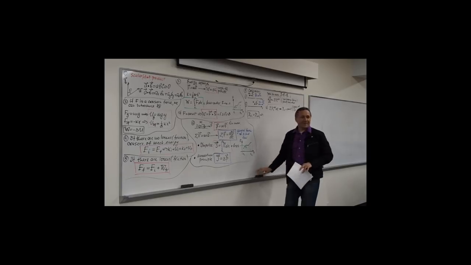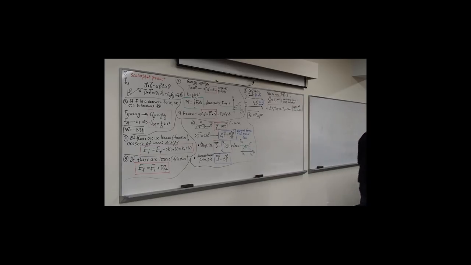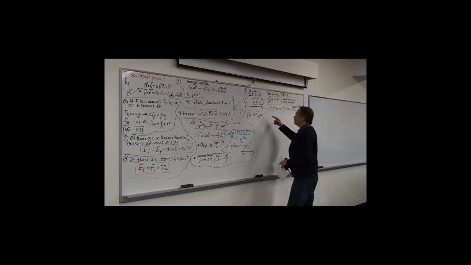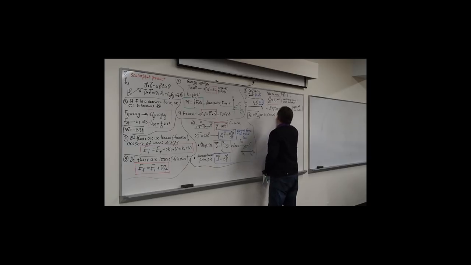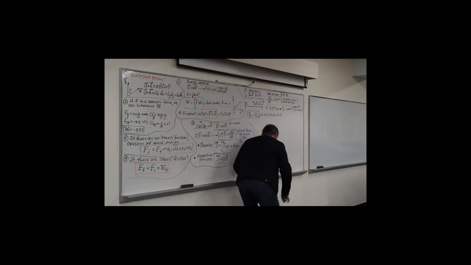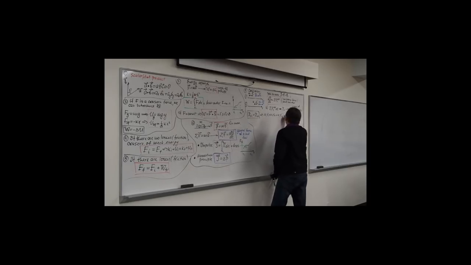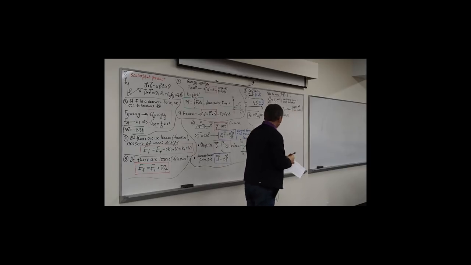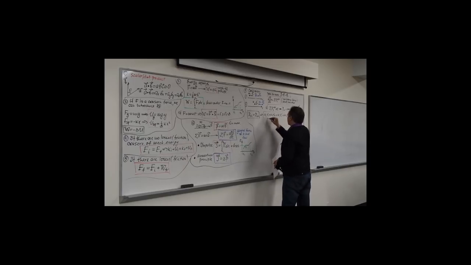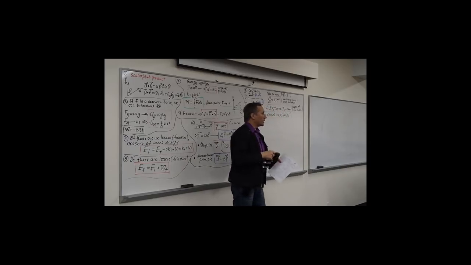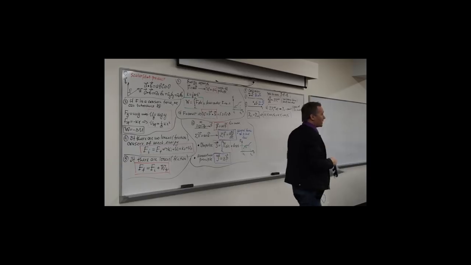I'm losing my mind. Okay, so I can write m1 v1 plus m2 v2 equals m1 v1 prime plus m2 v2 prime. So that's conservation of linear momentum applied to this particular system.